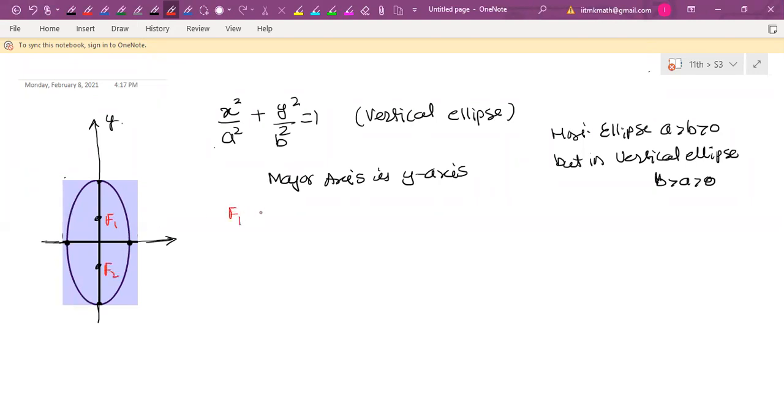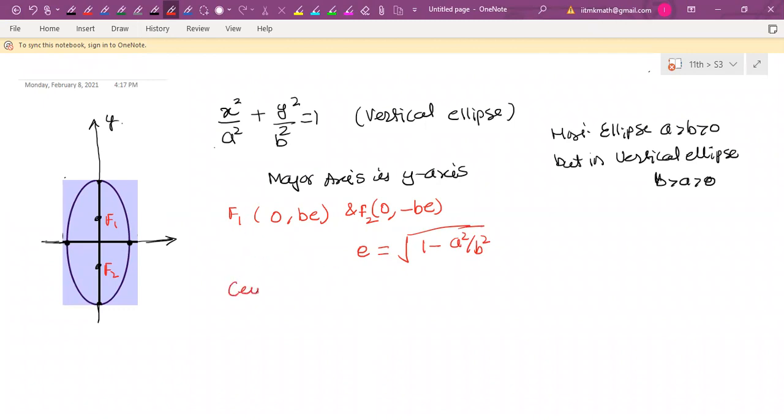So F1 is 0 comma be, and F2 is 0 comma minus be, and the eccentricity will be under root 1 minus a square by b square.